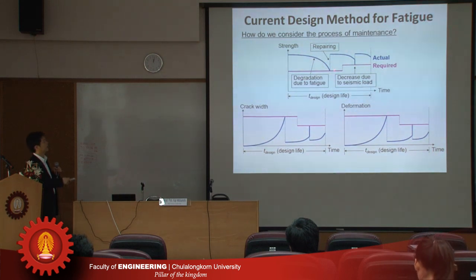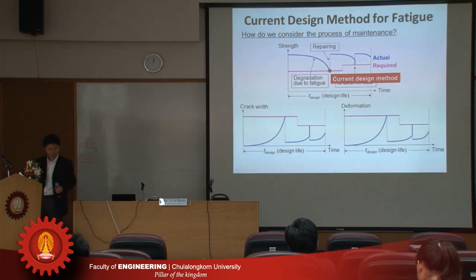If the blue one reaches the required value, we have to repair or strengthen this structure to maintain it. And not only safety, we also have to verify, for example, serviceability or durability of the structure. Crack width may be used for durability verification, and deformation may be used for serviceability.